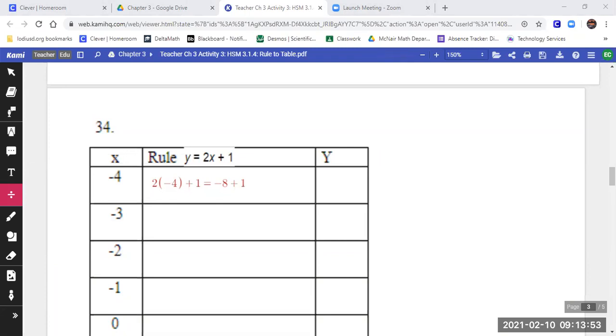Okay, so are these the same sign? No. Okay, if they're not the same sign, what are we going to do? Subtract and then what?